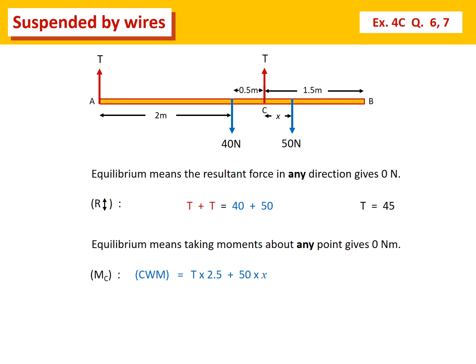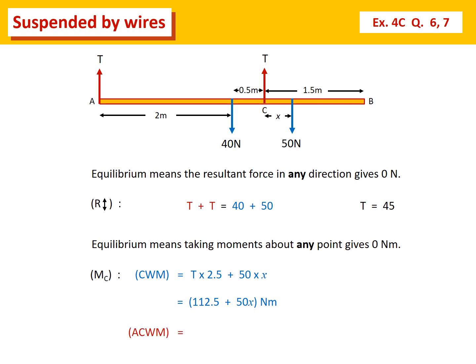So that's the tension times 2.5, 2 meters plus the 0.5, 2.5, and then 50 times x. That gives us 112.5 plus 50x.